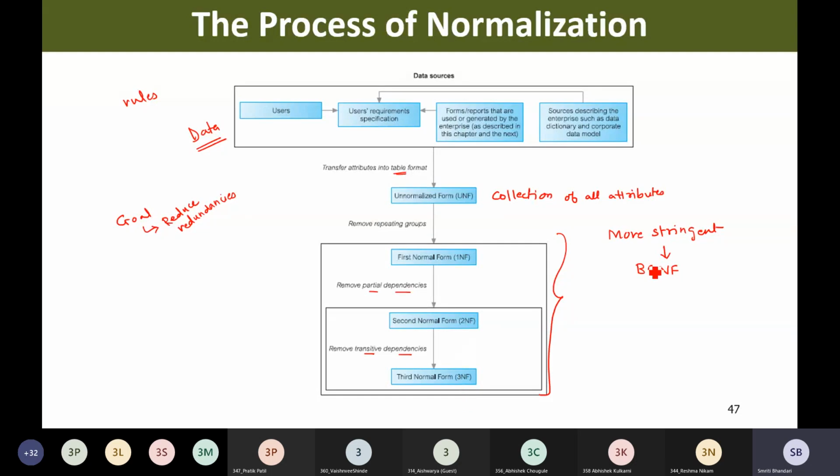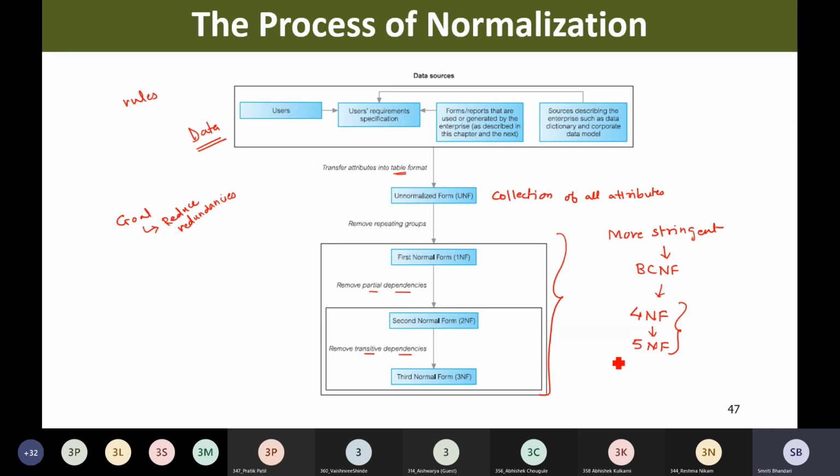So after 3NF, we may come up with BCNF, which is more stringent. Further, more advanced normal forms are being introduced and those are known as 4NF and 5NF. Right? So we are having these higher normal forms as well. So in the subsequent classes, we are going to focus upon all those normal forms.